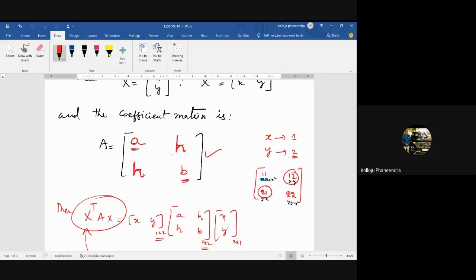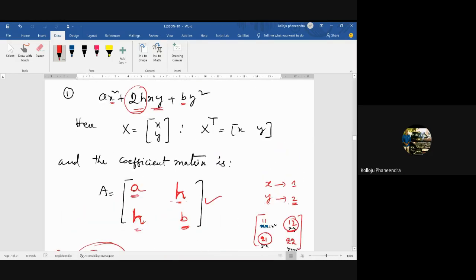The y square coefficient is B. Place B in the 2 2 position. Now coming to the 1 2 position and 2 1 position. This is x into y, and this is also y into x, nothing but x into y. So the x into y coefficient is 2h. Since x into y is placed at two positions, place 2h equally at the two positions: h here, h here. That's it.